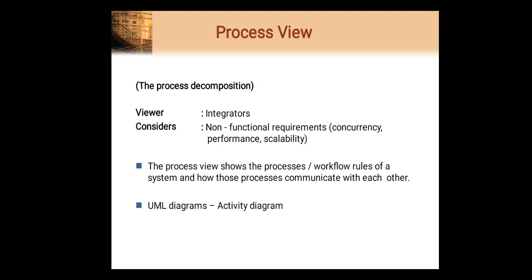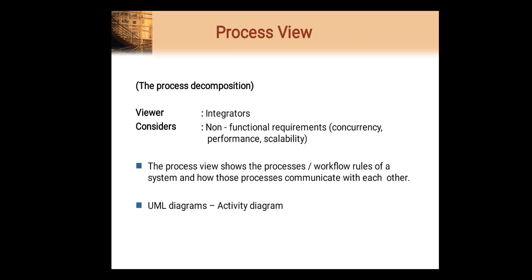Now the next view is the process view. The process view shows the process rules of a system and how these processes communicate with each other. In the process view, it represents what the rules for the processes are and how they can communicate with each other. And who is the viewer for this process view?